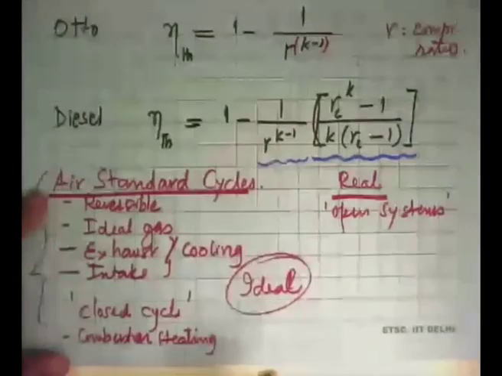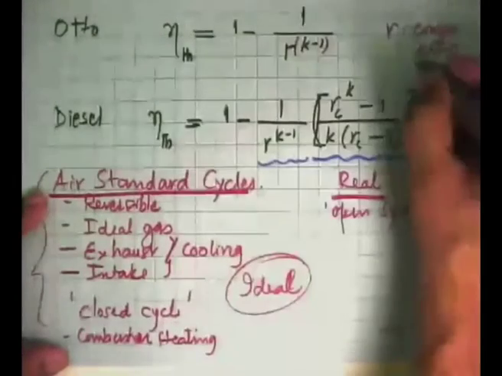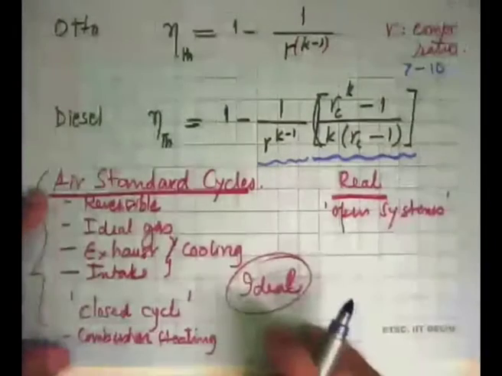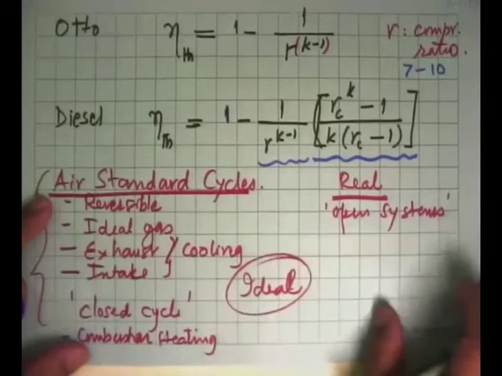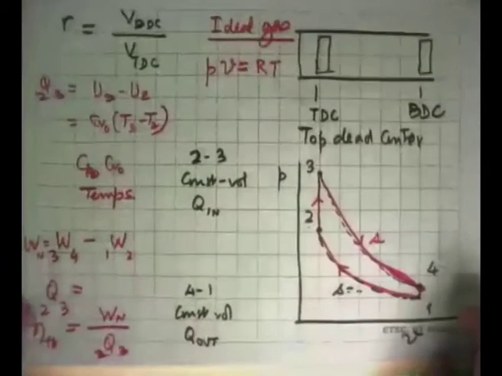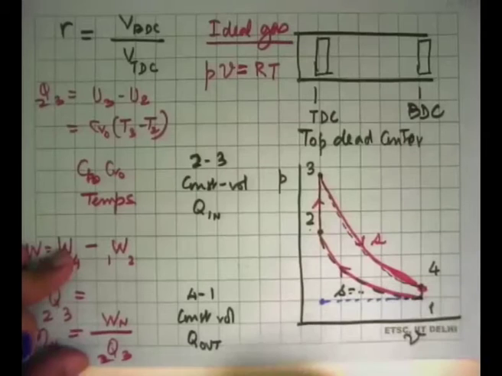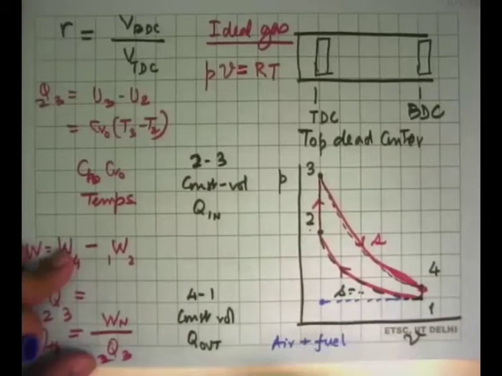But there is a little problem here. Otto cycles use compression ratios in the range of 7 to 9 or 7 to 10, not more than that. And that's because in the real cycle, we have an intake stroke which starts from here and it takes in air plus vaporized fuel, a fuel vapor mixture.